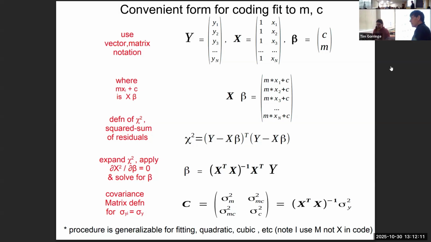You can do the same thing in this language. In this language, we would want to differentiate with respect to beta and set that differential equal to 0, and then solve that for the value of beta, and the value of beta contains the slope and the intercept.